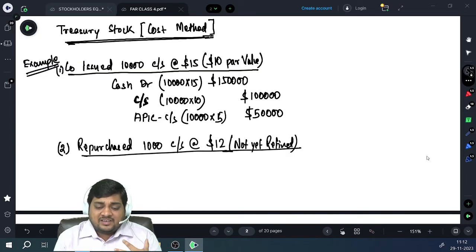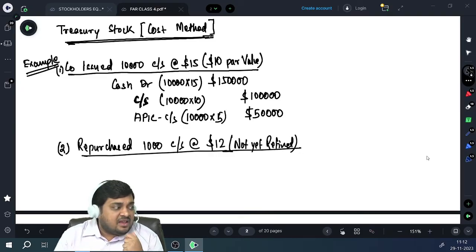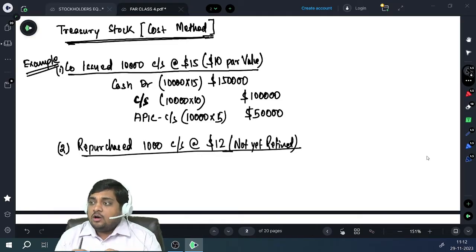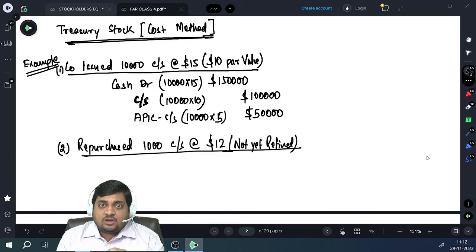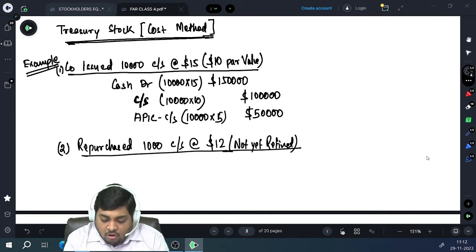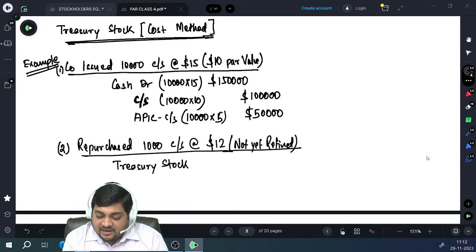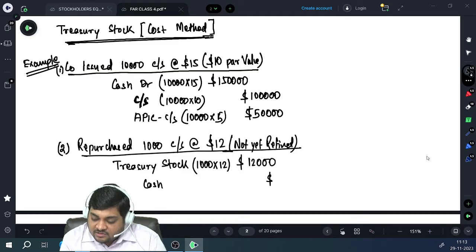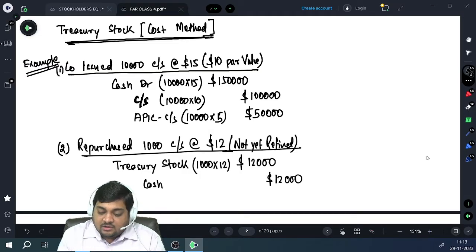Just like investment: if I purchase Reliance stock or any company's stock, then I debit investment and credit cash. Similarly here we are going to debit treasury stock, 1,000 into 12, that comes to $12,000, and credit cash $12,000.